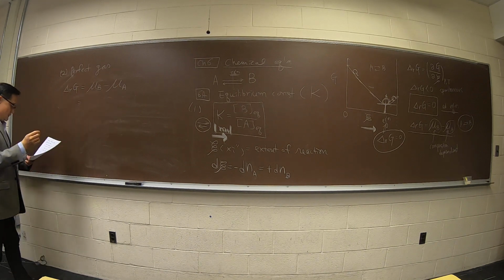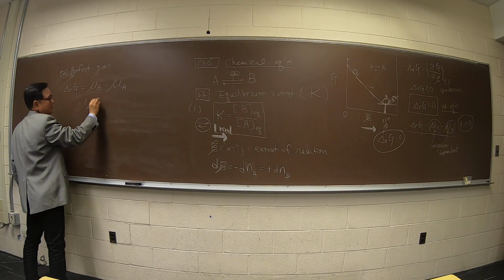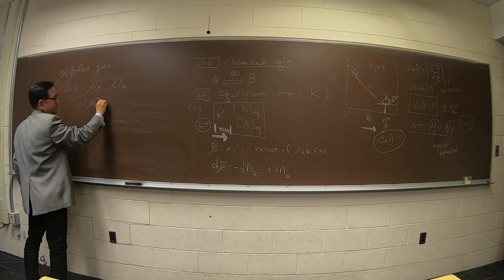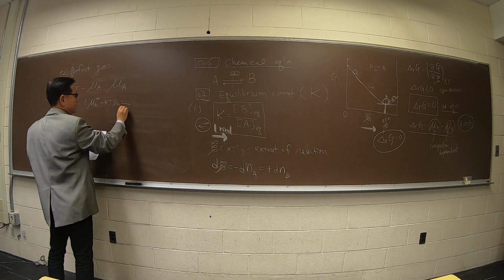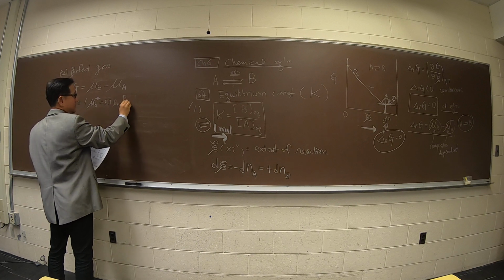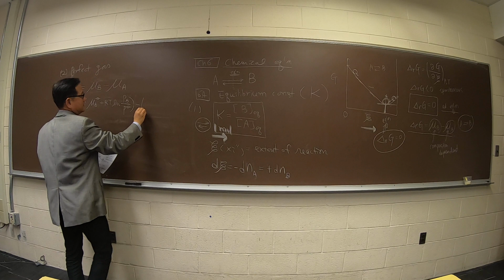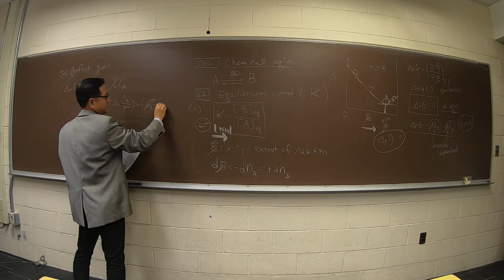So this is mu B naught plus RT natural log of PB over P naught, minus mu A naught plus RT ln of PA over P naught.